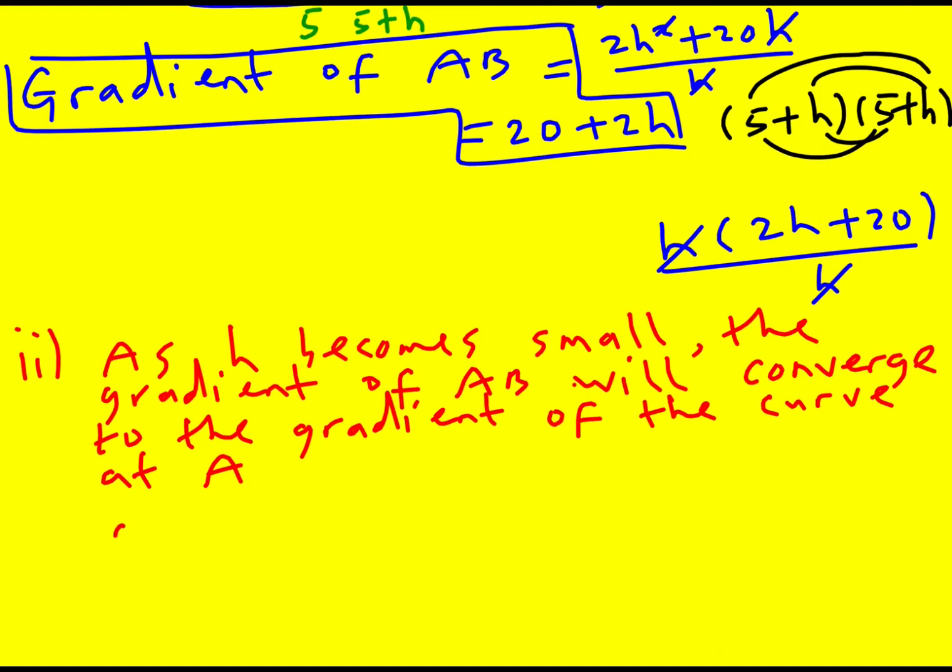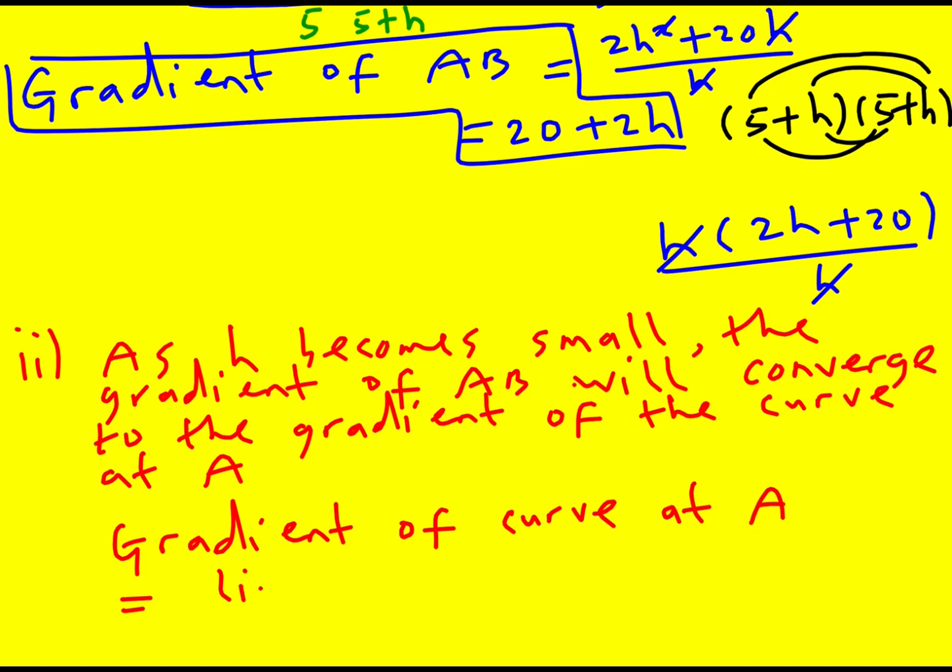And you could even add this bit: the gradient of the curve at A will actually equal the limit as h tends to 0 of 2h plus 20.